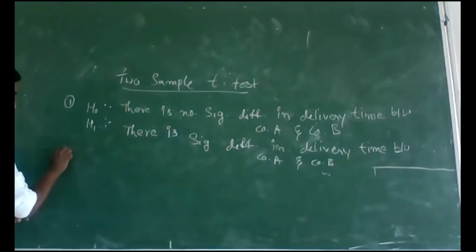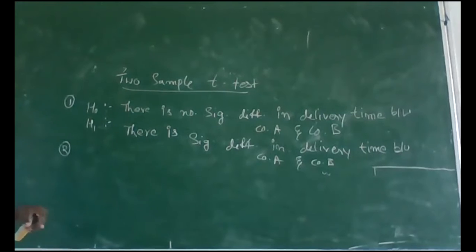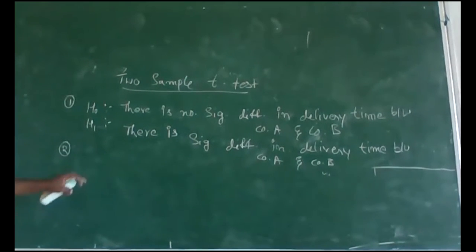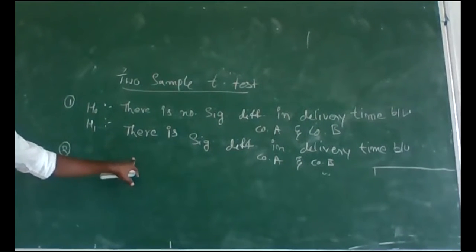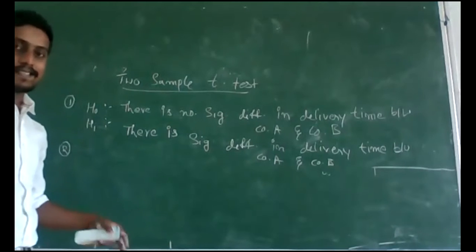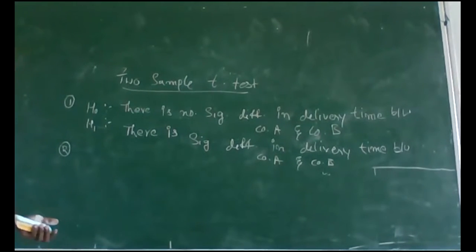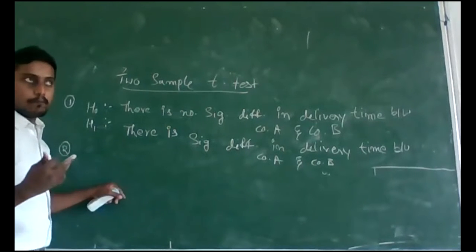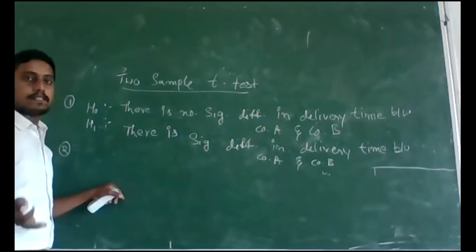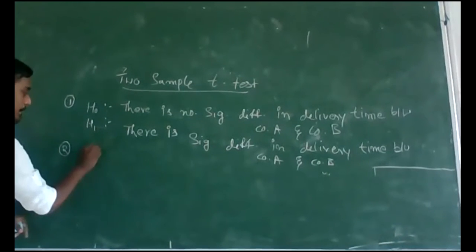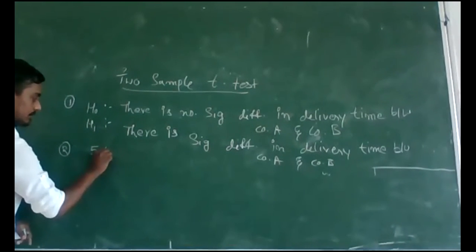And the second step, what is the second step? Yes, we need to state the alpha level, the significance level. What level are we going to test at? We can fix it at 1% or at 5%. I'll take a 5% significance level.